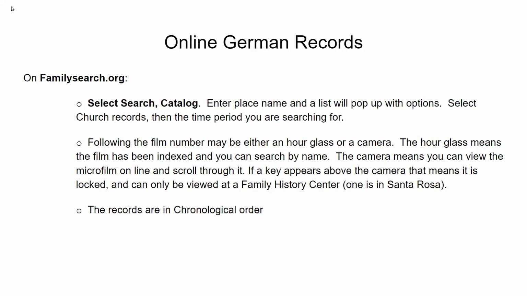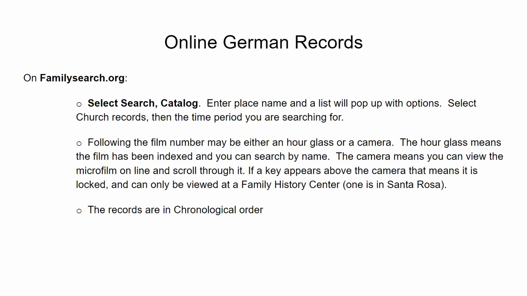But the records are in microfilm, and after the display line, you'll see some objects that might be an hourglass or a camera. The hourglass is wonderful if you see that, because that means the film has been indexed and you can actually search for the name of your ancestor without looking at the film. The camera option afterwards means that you can view the microfilm online and scroll through it.